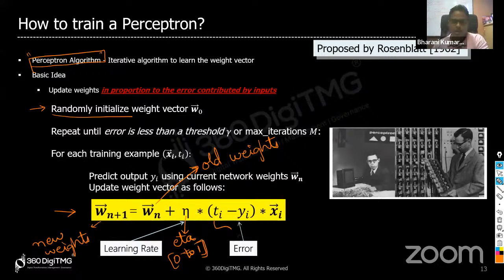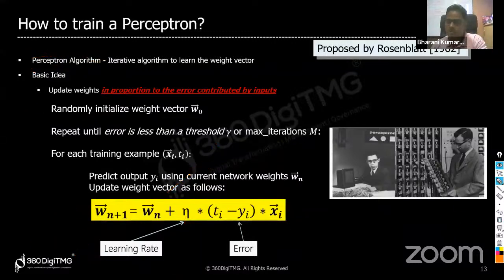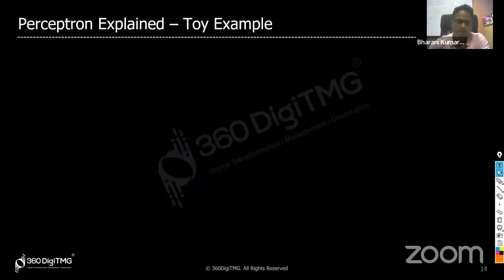And you multiply it with error and multiply it with input. What do you mean by this? It's just one math equation and you're naming what is there in each of these. We will now understand it in detail.